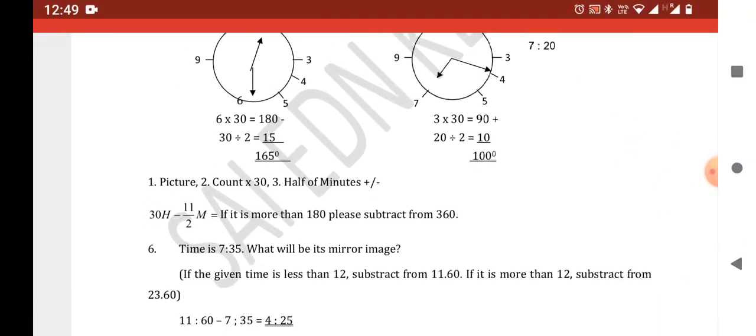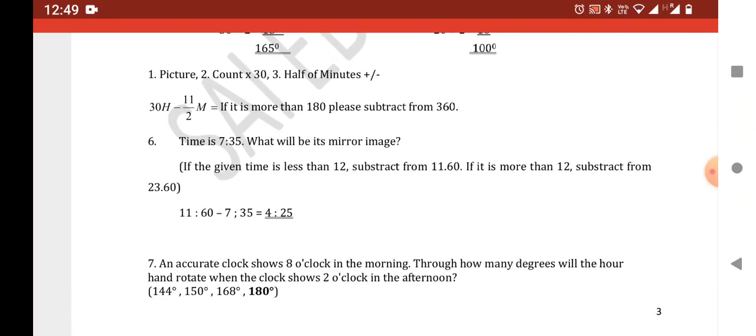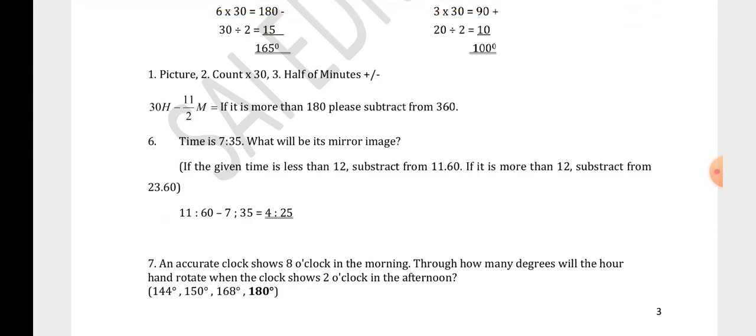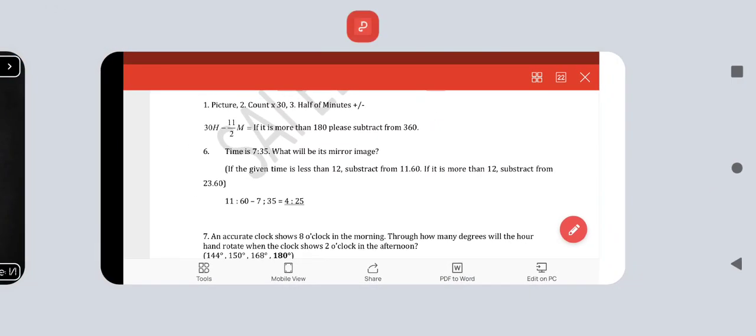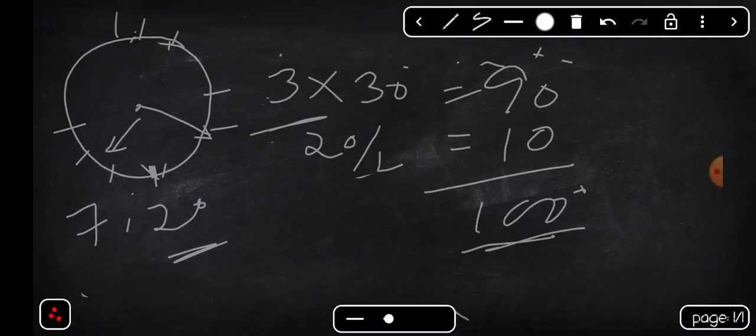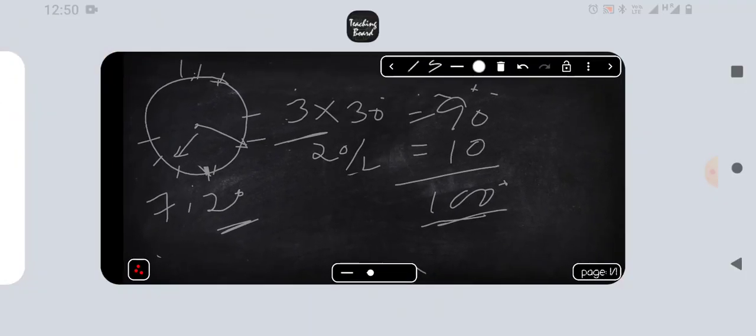Question number 6. What is this question? Now time is 7:35. What will be the mirror image? Let us see how to find it out.